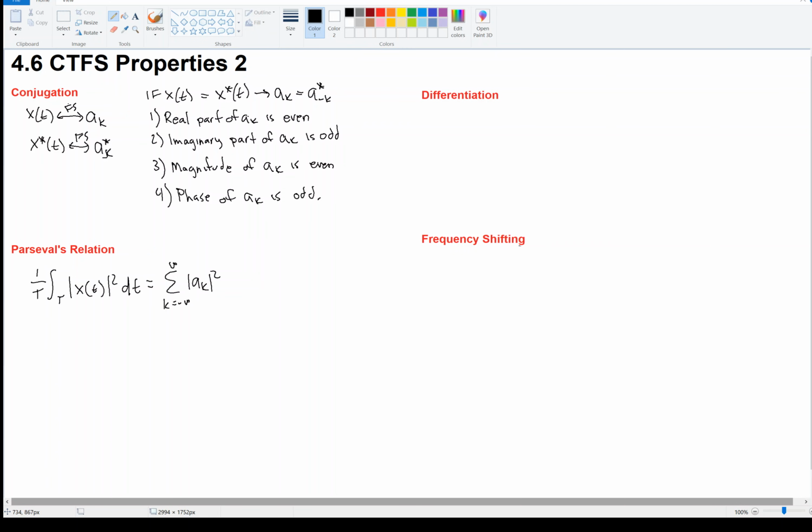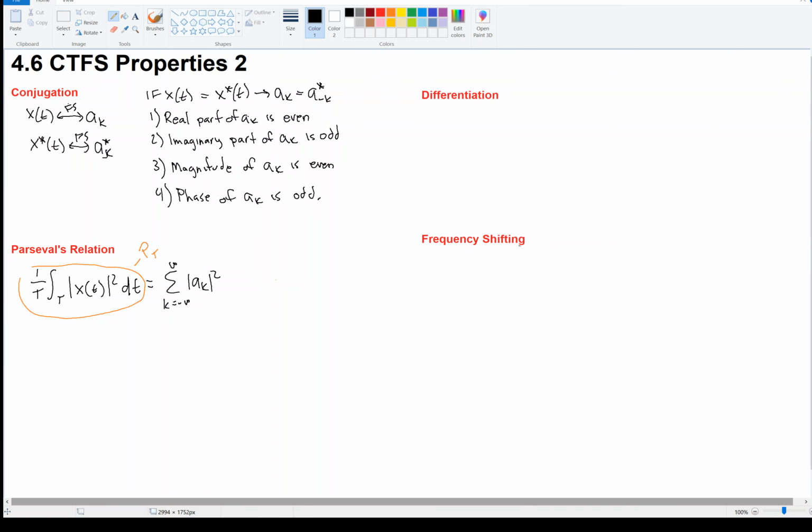That mathematically is interesting, but let's try to interpret this equation. Well, when I take the magnitude of x of t and I square it and I integrate, then that's the energy over one period. And then if I divide by that one period, what I have is the average power in x of t. We might call that P sub T over one period. The average power over one period.